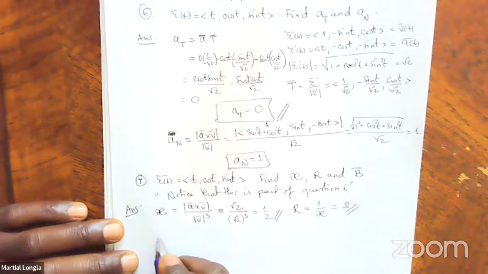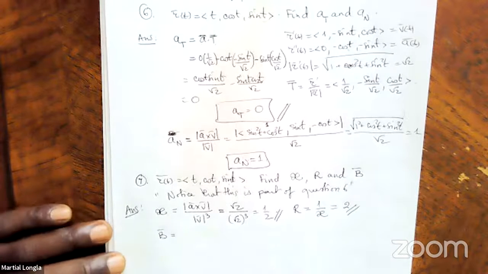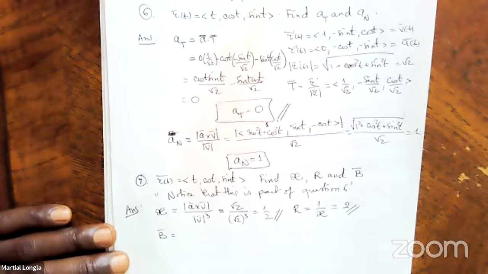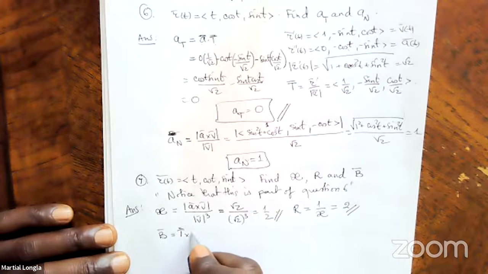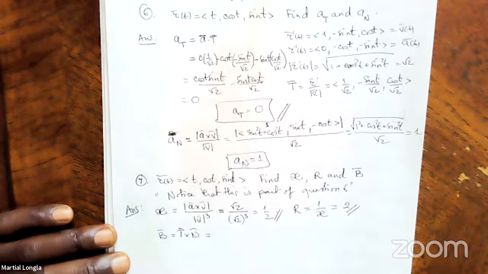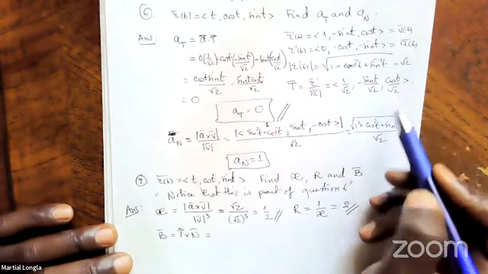So what is the binormal vector? B is equal to, what's the formula for this? B is equal to T cross N. All right, so that's it. And we got T already here.